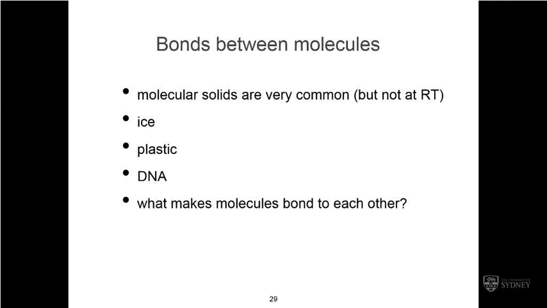Some of these kinds of materials aren't stable at room temperature. They're only stable at lower temperature because the bonding is so weak. Ice, plastic, DNA, these kinds of things. Hydrogen bonding is the main kind of bonding and extremely important. So what does it look like?